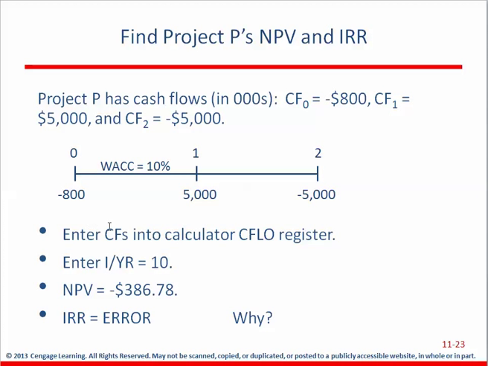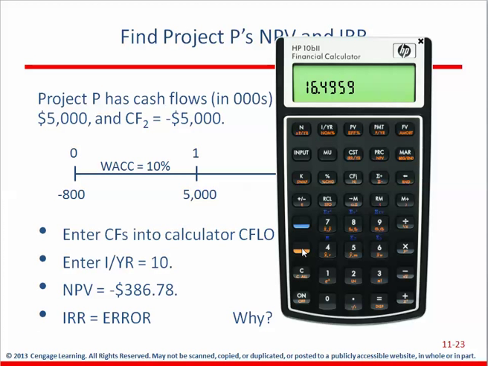Okay, so put those cash flows into your calculator, and we'll see what happens. Okay, so again, clear all. So we've got 800 negative is cash flow 0. Oops. Start over. Alright, 800. The real calculator is not this touchy. Okay, cash flow 0.